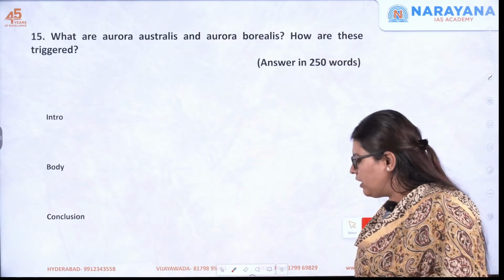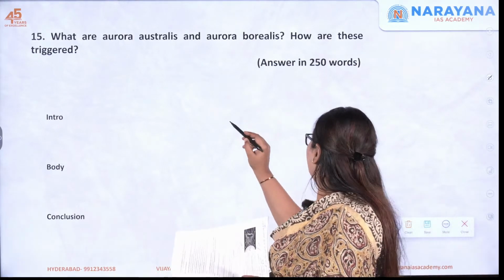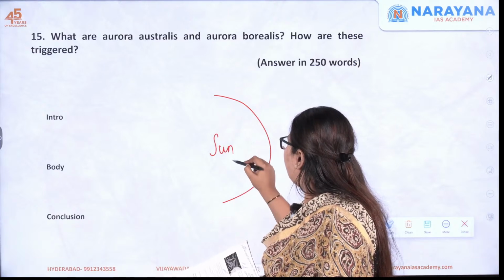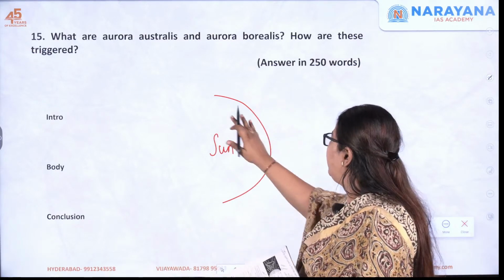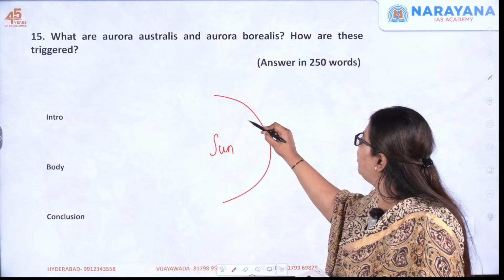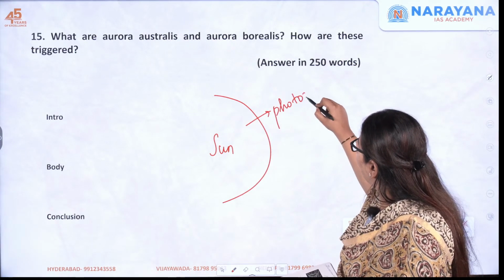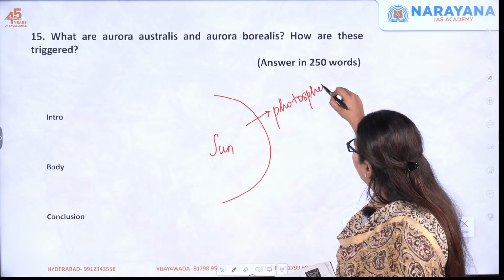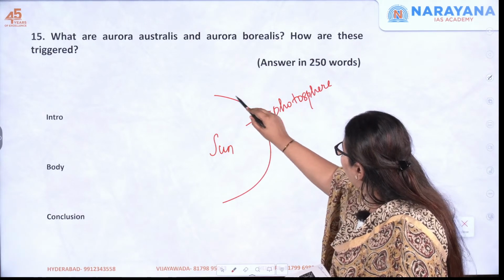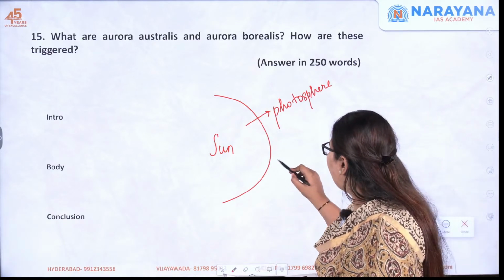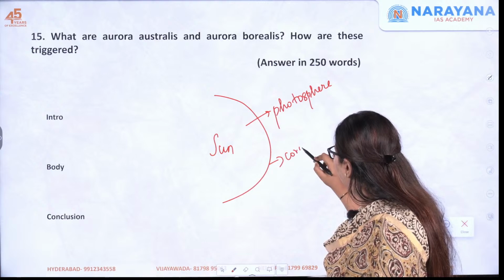So generally what happens is, this is the surface of the sun. Okay, so the visible portion of the sun is actually called the photosphere, and the outermost layer of this visible portion of the photosphere is actually called the corona.